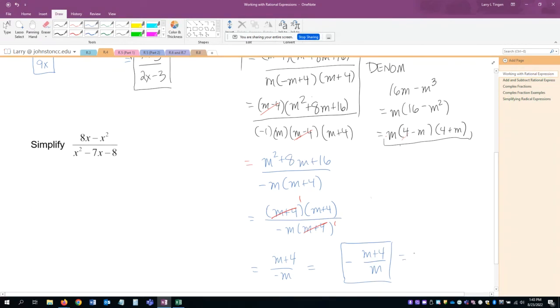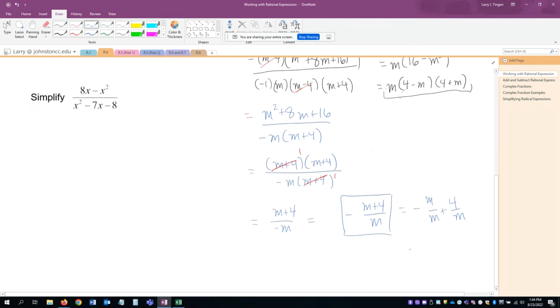And if what I said earlier is I have a single term in the denominator, so I could rewrite this as each piece written, m divided by m is 1.